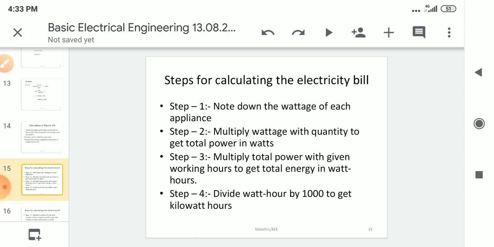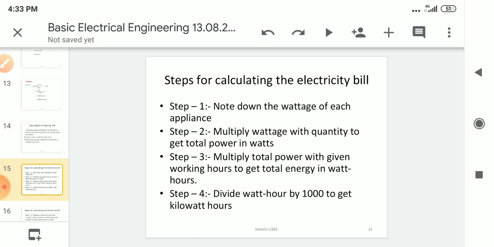Step 1 is note down the wattage of each appliance. You go and see all the appliances that you are using right now and note the wattages of every device or appliance used in your home.